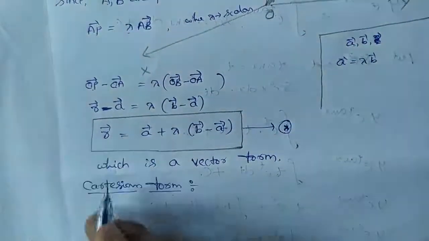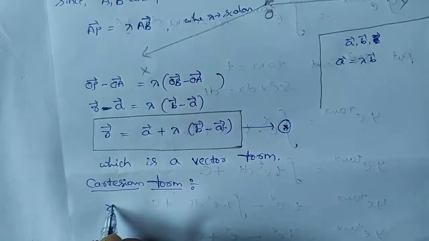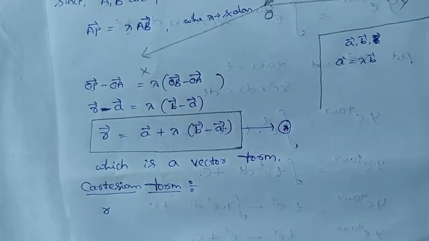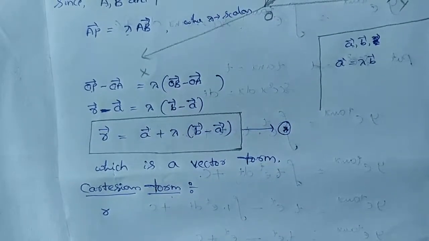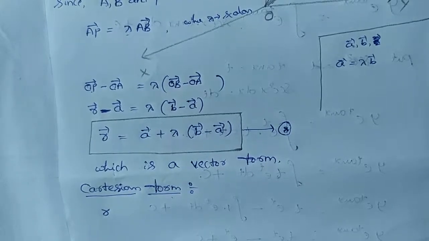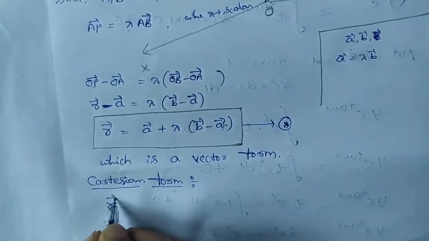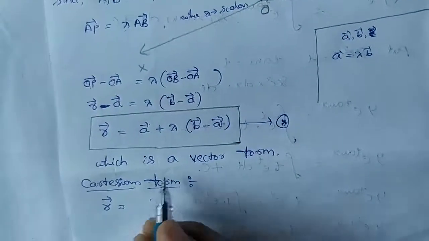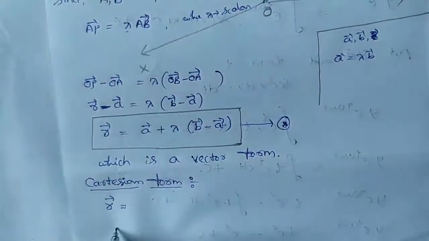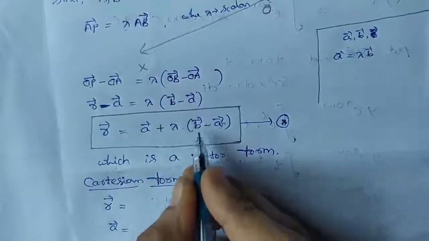First see the R vector. Next see the A vector. Next B vector.